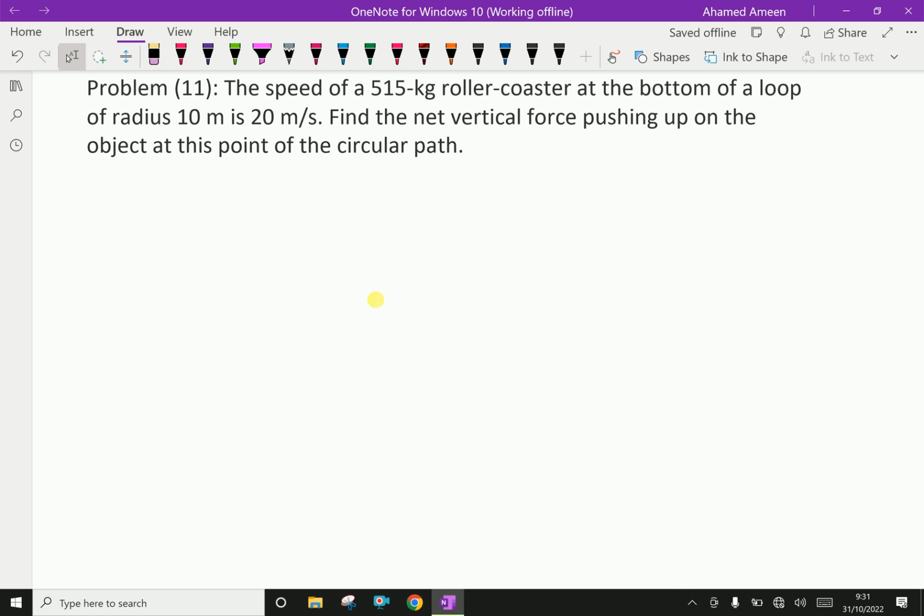Here we know that Fc, the centripetal force, minus mg, that is the weight, equals mv squared by r. From this, Fc equals mg plus mv squared by r.